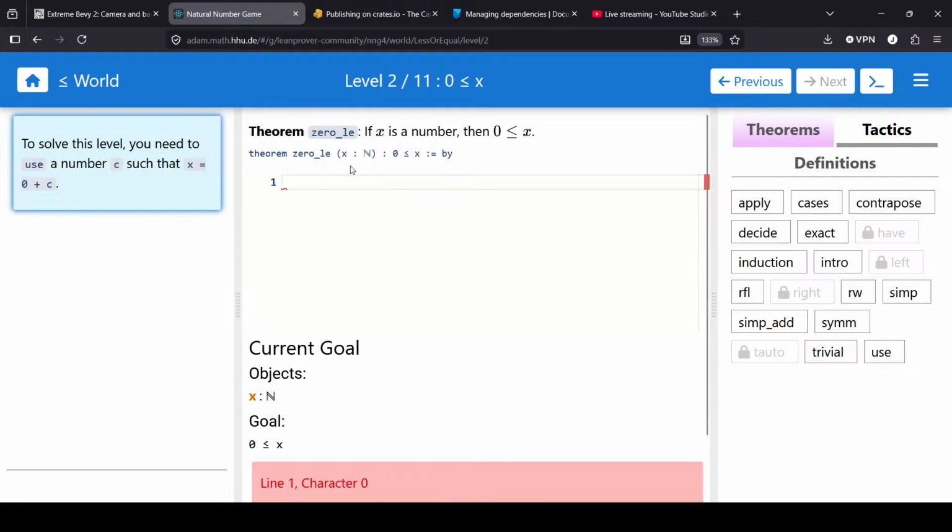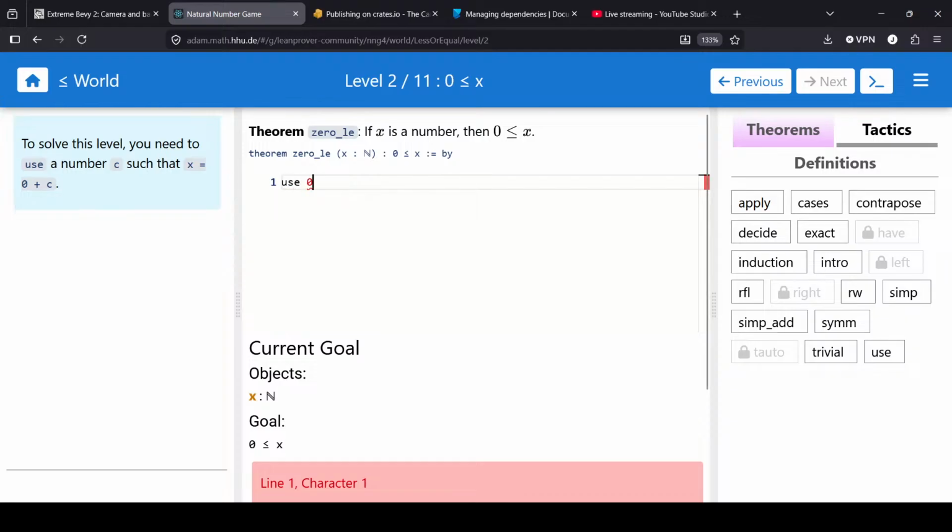To solve this level, you need to use a number C such that x equals 0 plus C. So this is proving 0 is less than or equal to x, if x is a number. Oh, I guess it's more like x is greater than or equal to 0. So I have to use something.